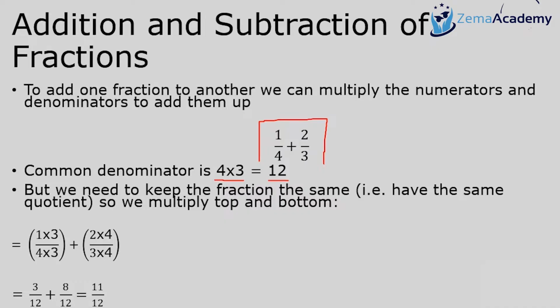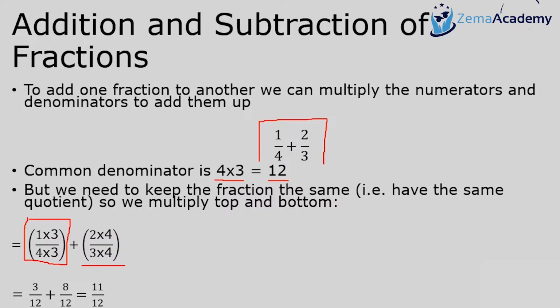So what we do is we multiply both top and bottom by the same number. First we were dealing with 1 over 4, a quarter, here. In this case, I want to multiply 4 by 3 so that I have a common denominator, 12. But to keep that fraction the same, I have to multiply the top by the same number. So I've got 1 times 3 divided by 4 times 3. Then I'm going to do the same for 2/3 here, but this time I'm going to multiply both top and bottom by 4, the denominator of the other fraction.